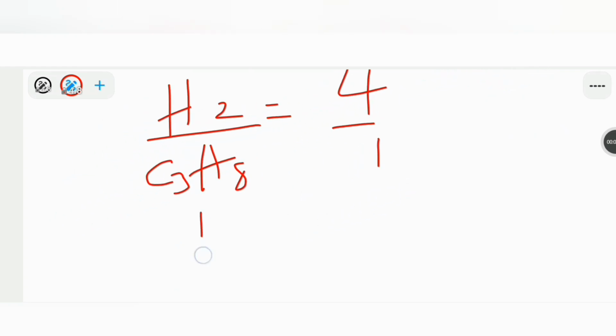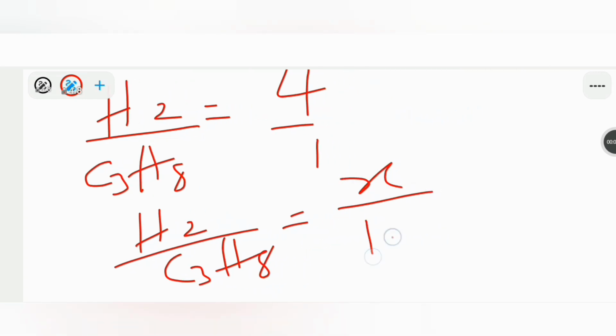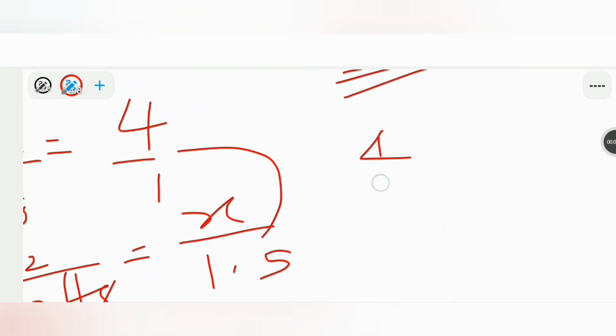The molar ratio from the question is H2 over C3H8. This gives you X over 1.5, the ratio from the question, 1.5 moles, that's for C3H8. Then just equate these two. You have 4 over 1 equals X over 1.5.